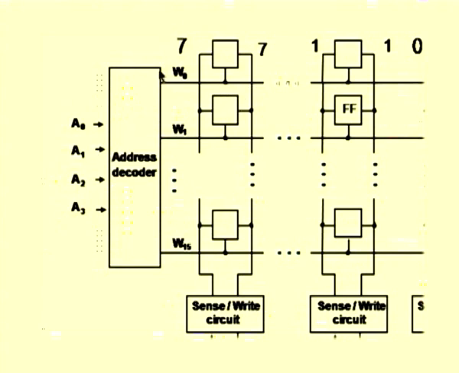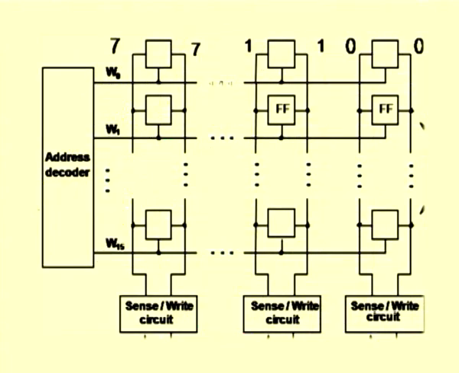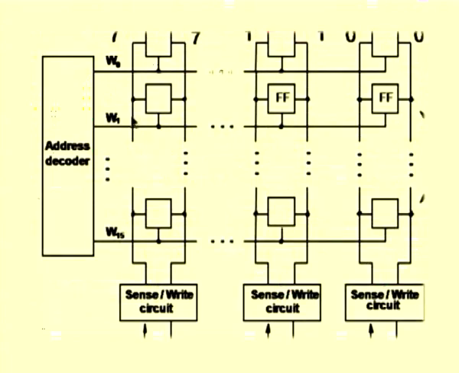At each address, we have 8 bits, 0 to 7, being stored. These 8 bits will be read out through the sense write circuitry from the particular word line that has been selected. Note that even though all the cells have their left and right portions connected to a single line, only the cell selected by the word line will send its input or output to the sense write circuitry.